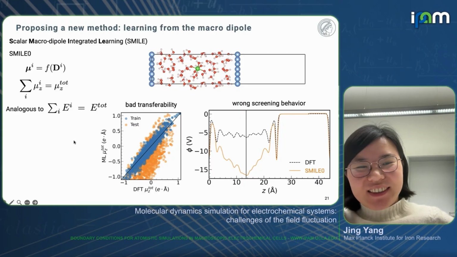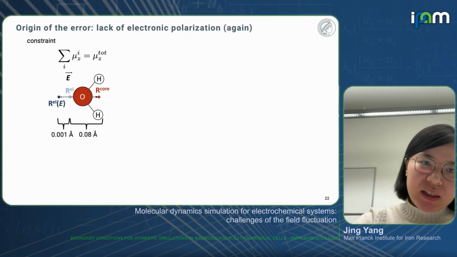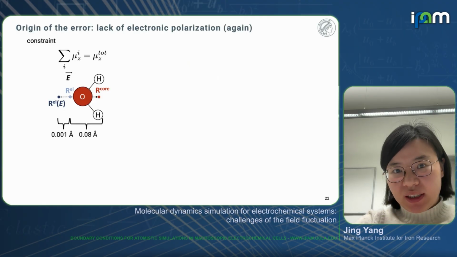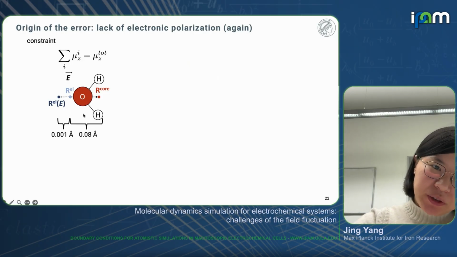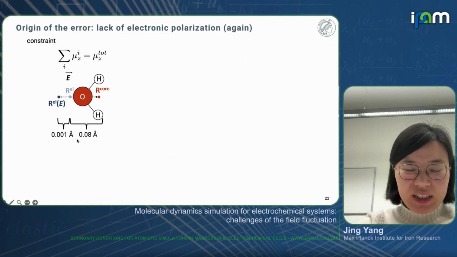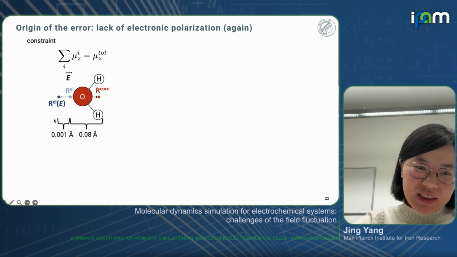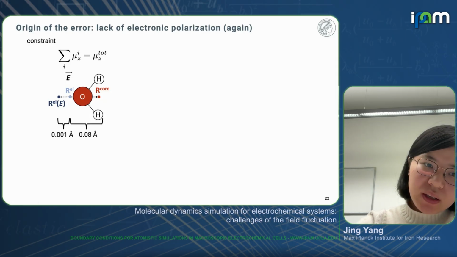And why is that? This also took us quite some time to understand. But the origin of the error again goes back to a lack of the electronic polarization. So previously, we have seen that on the individual water molecule level, this electronic polarization signal is much smaller than the static dipole of a water molecule.